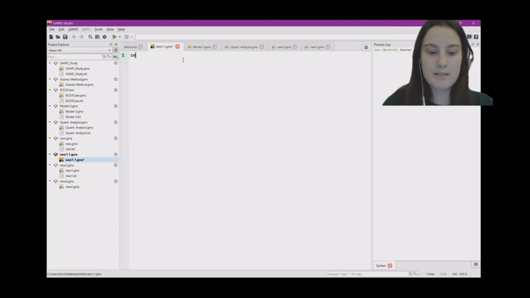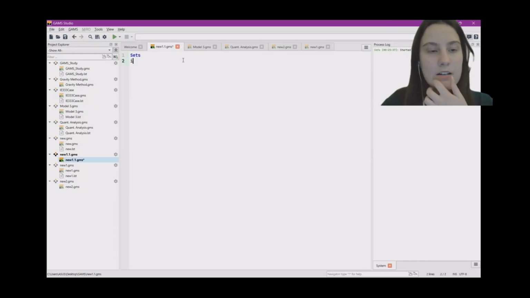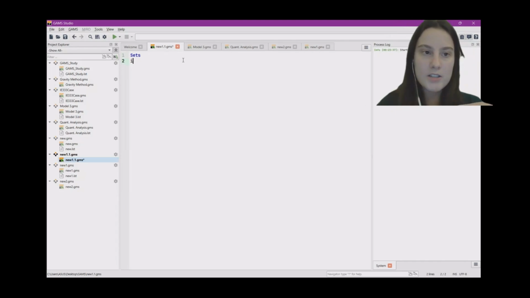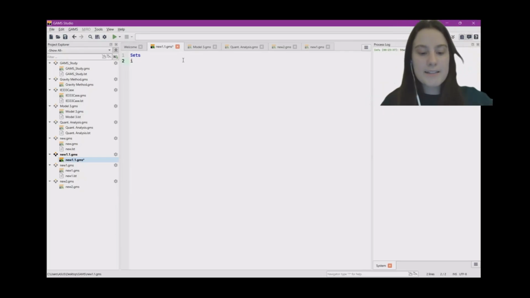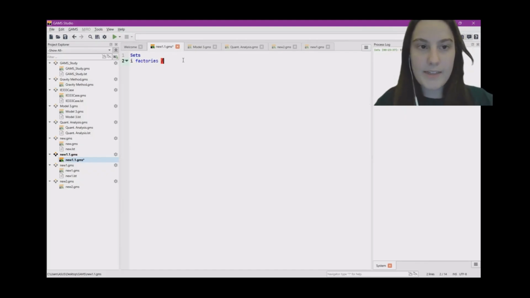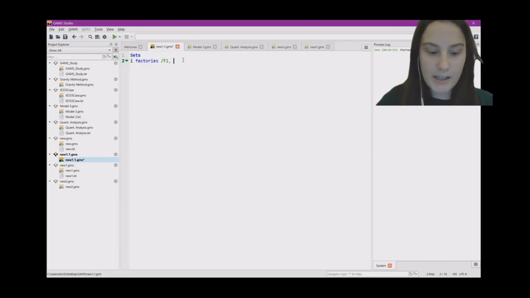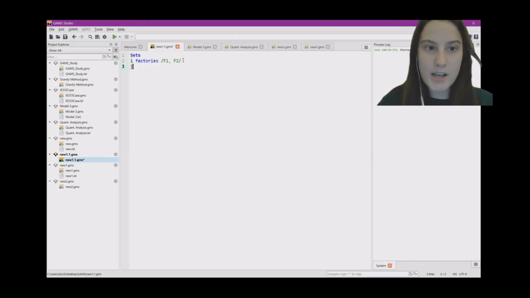So here's our sets. We have three indices in the question for customers, warehouses, and factories. I is for factories, and then we have factory 1 and factory 2. Then we have J, that's for warehouses.